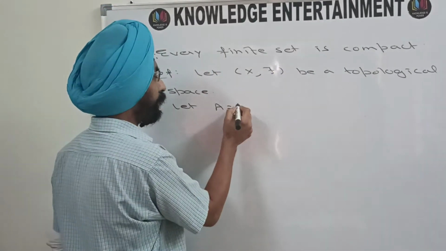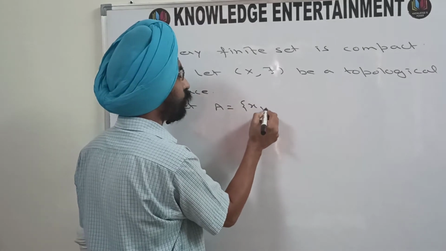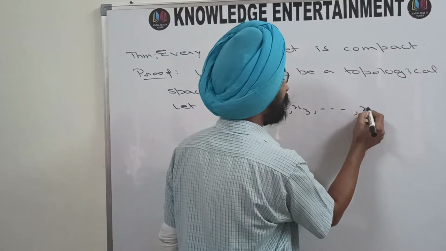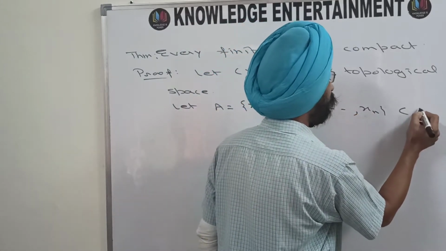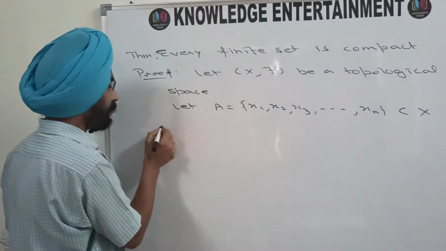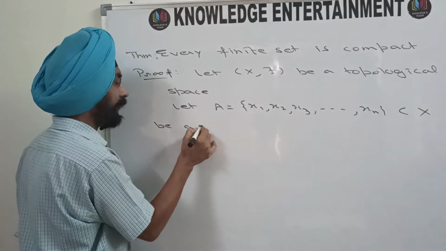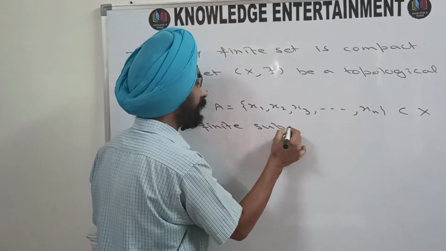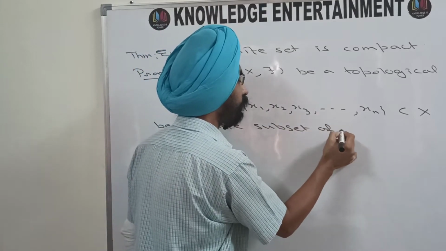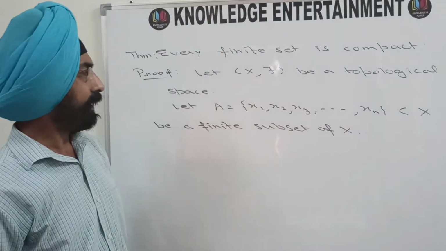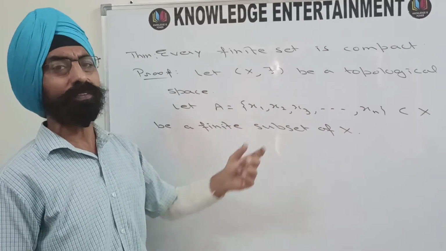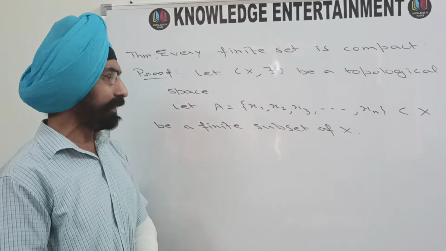So let A = {x1, x2, x3, ..., xn} be a finite subset of X. I have taken a topological space and a finite subset of the topological space X.